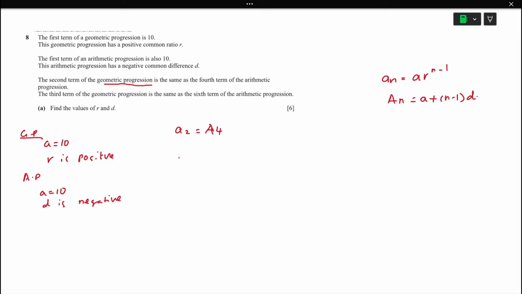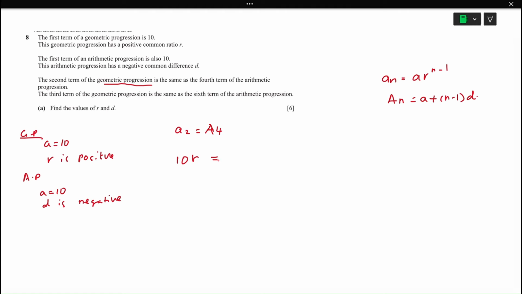For a2, just substitute in the first formula. The first term is given already, 10 r power n minus 1, 2 minus 1 is 1, so 10 r.